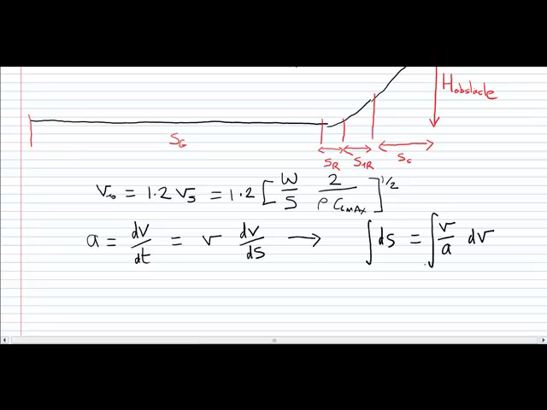To give us on the left hand side your ground roll. This integral of course is running from s equals 0 to the point at which you take off, which is from v equals 0 to your takeoff velocity.